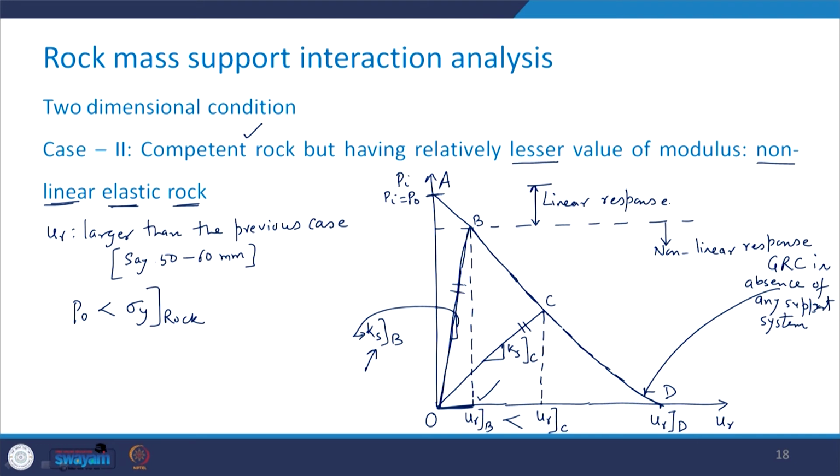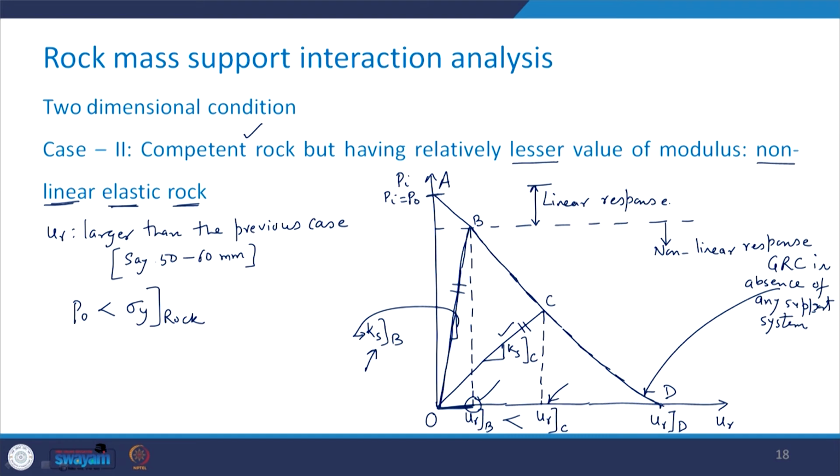That means that the stiffness of the support required to arrest this much deformation will be less than that of the system required to arrest this much radial deformation.